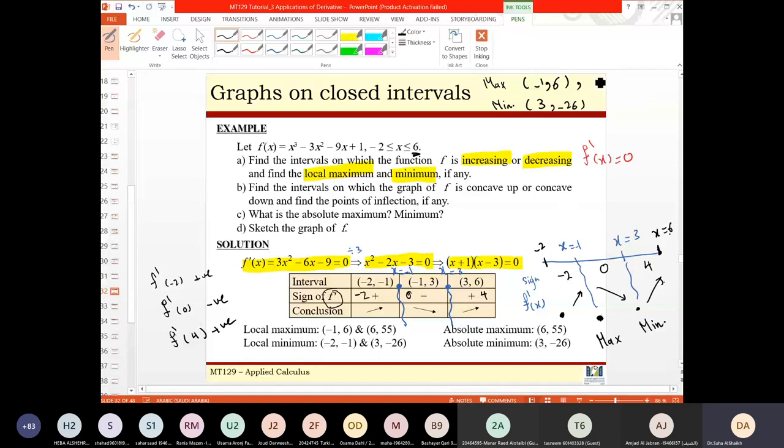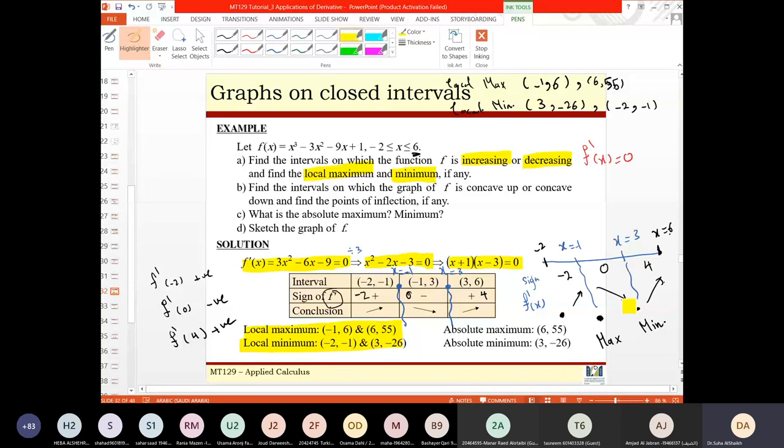As a maximum I have 6, and as a minimum I have minus 2 and minus 1. So the local maximum and local minimum points are those points here that you can see. And those are the absolute ones that we got in part C of the question.